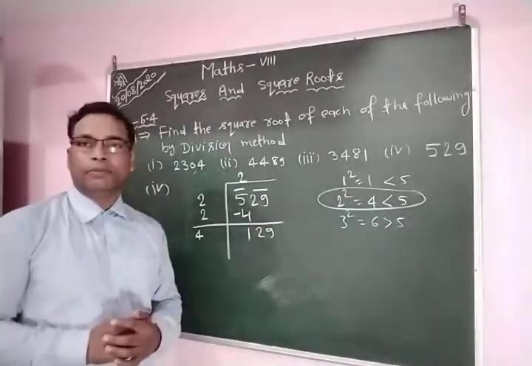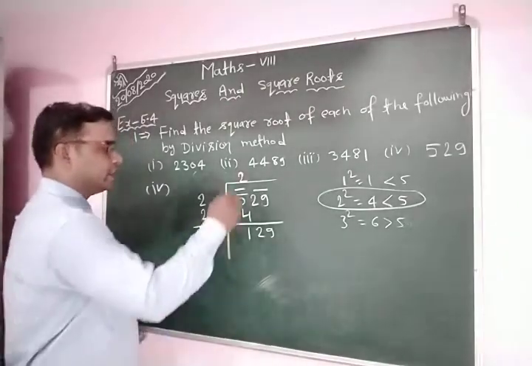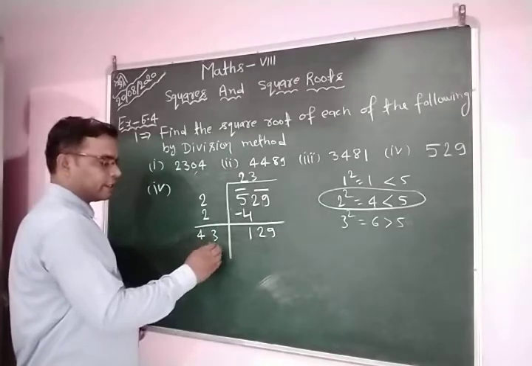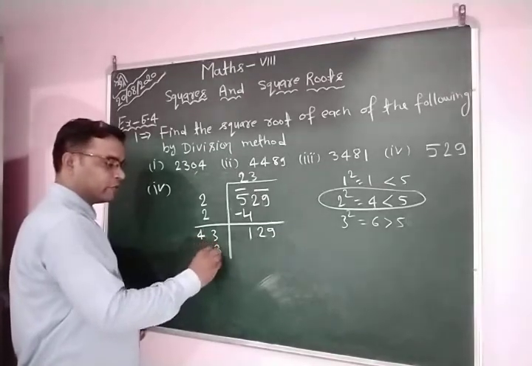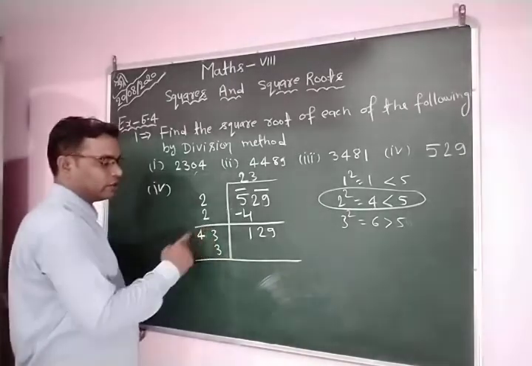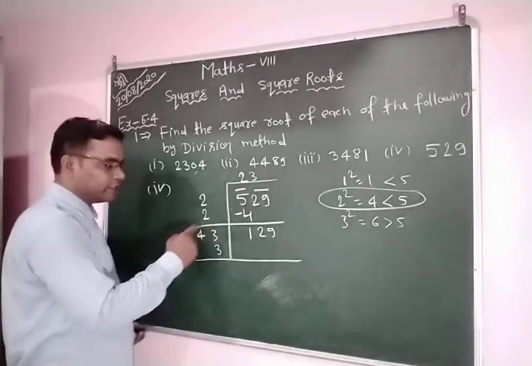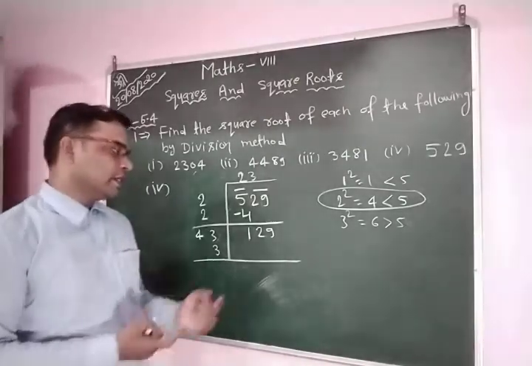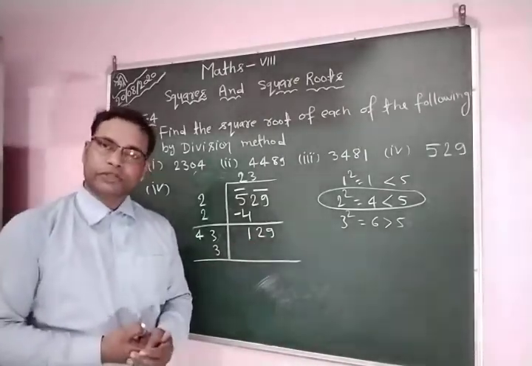If we divide 12 by 4, we obtain 3. So we write 3 here, and again 3 below, and we multiply this 3 by this 43. This 4 becomes 43. 43 is the new divisor and 129 is the new dividend.